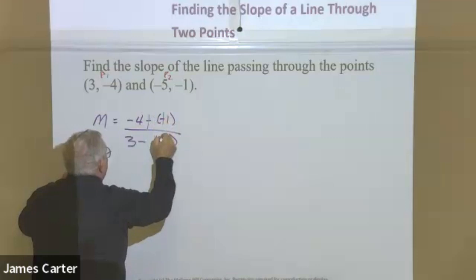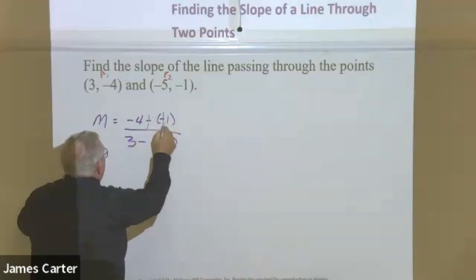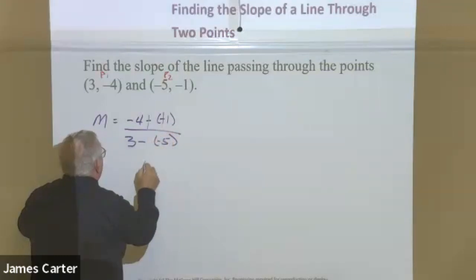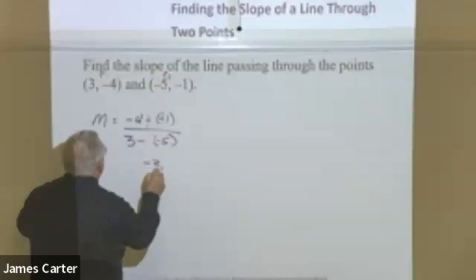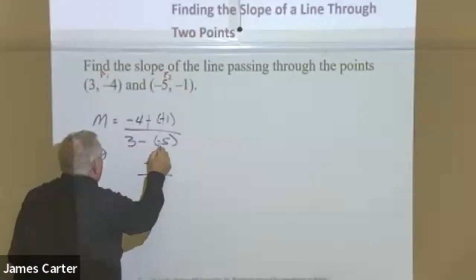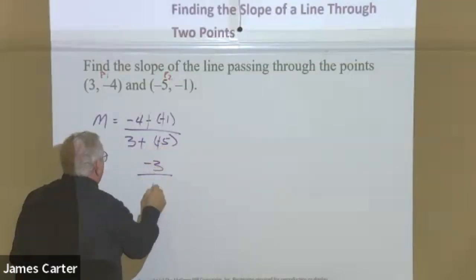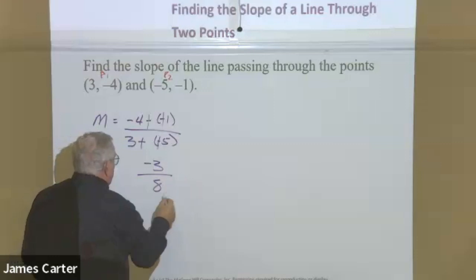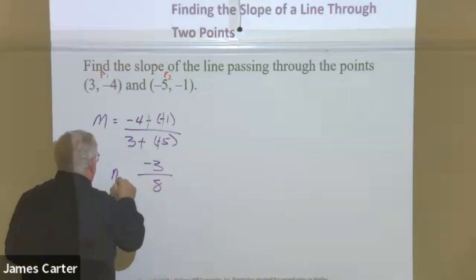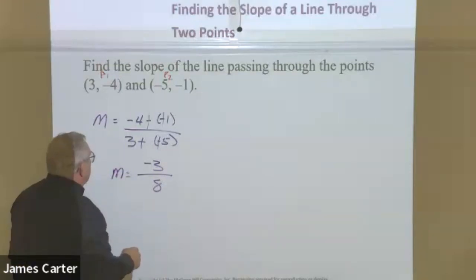Got to convert those. -4 and +1 make -3. Here again, these cancel. 3 plus 5 is 8. So in this case, the slope is -3/8.